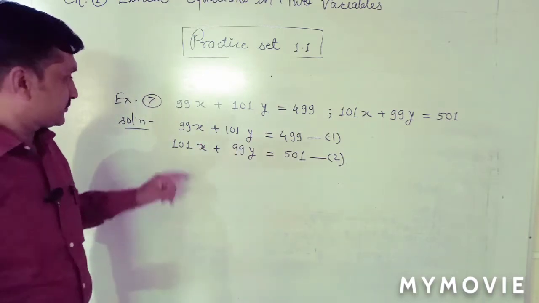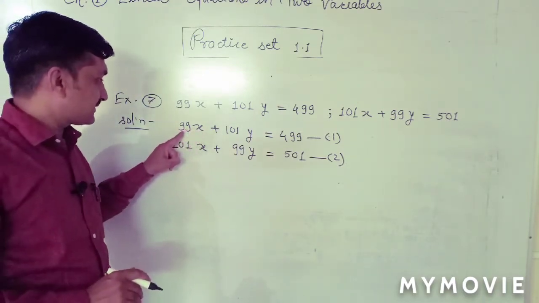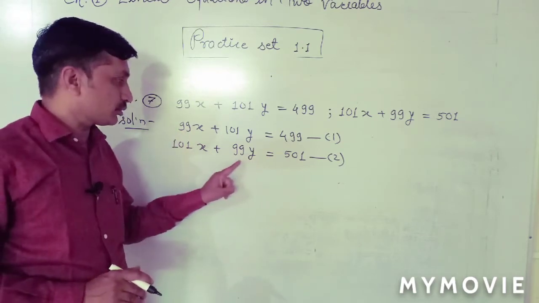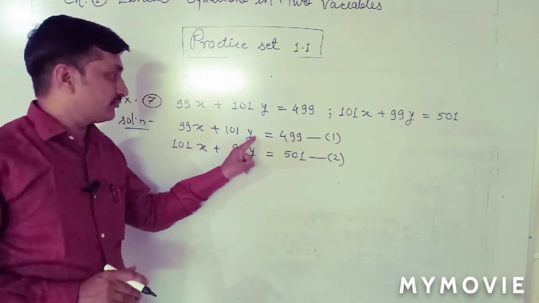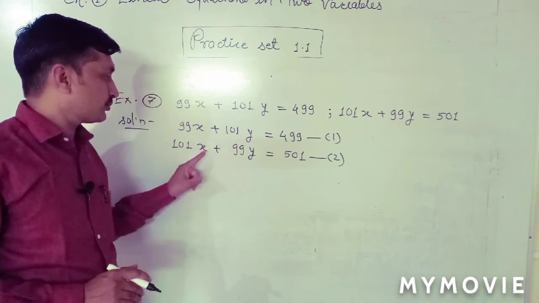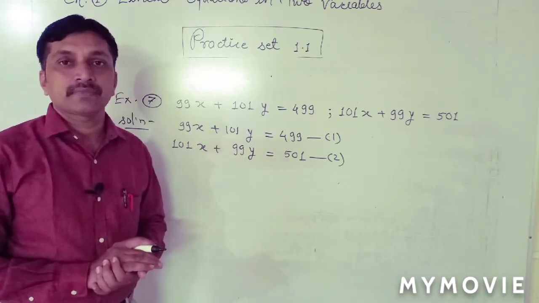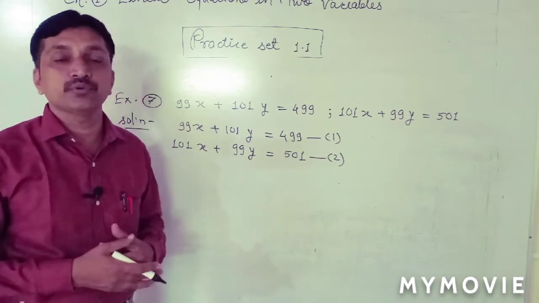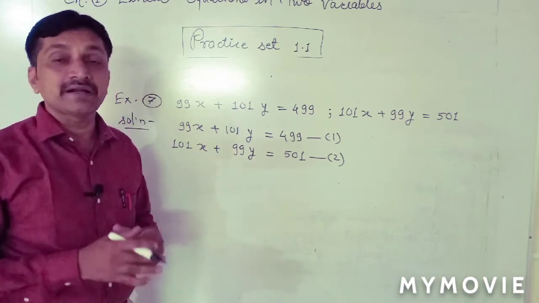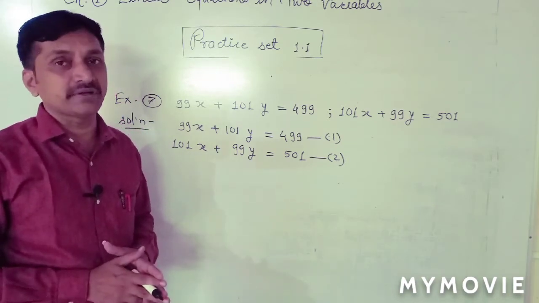Observe both the equations. The coefficient of x is 99, the coefficient of y is 99. The coefficient of y is 101, the coefficient of x is 101. Cross coefficients are equal. And if cross coefficients are equal, then that example is of a particular type.